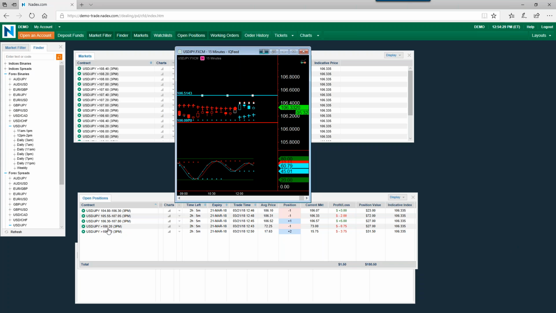Now we can also look at, okay, what has to happen on the binaries. All right, on the binaries, we have one at 60, and then we have one at 106.20.